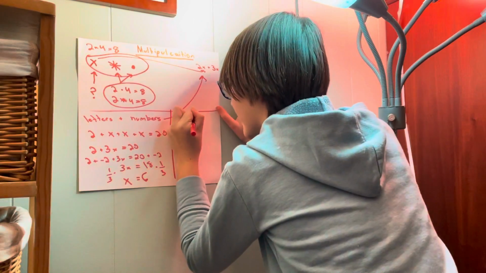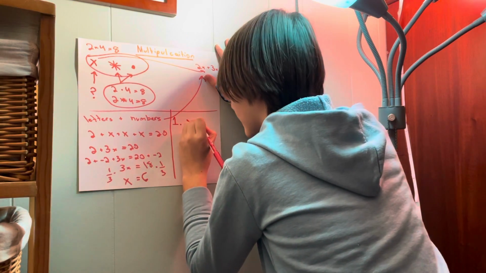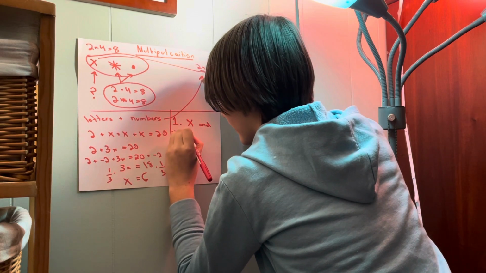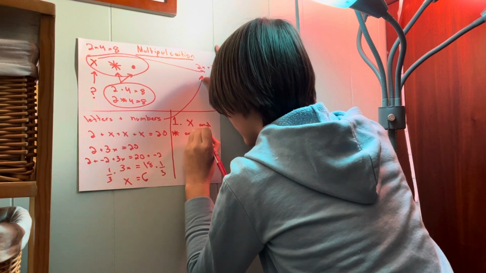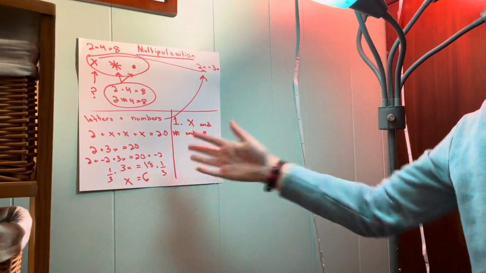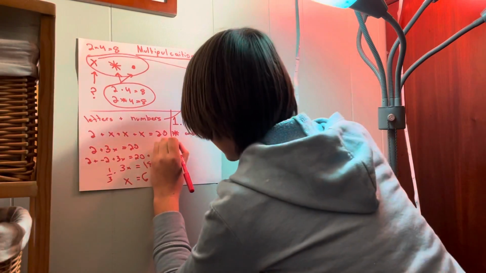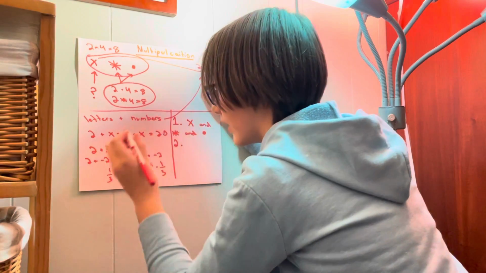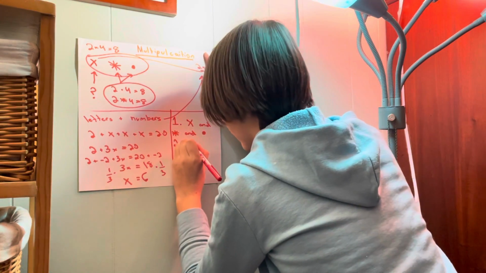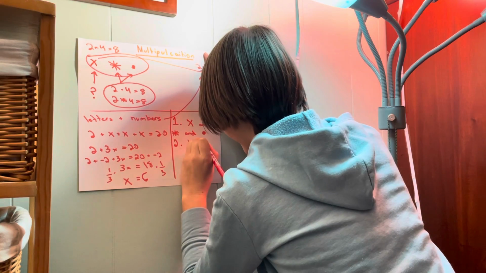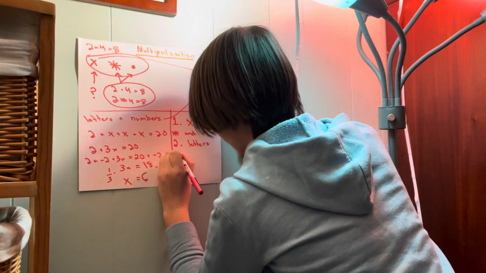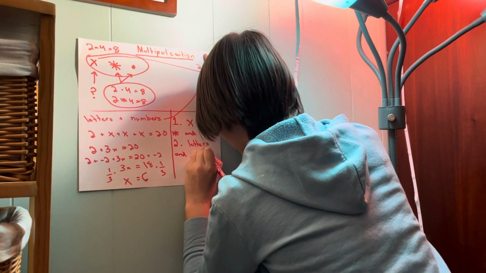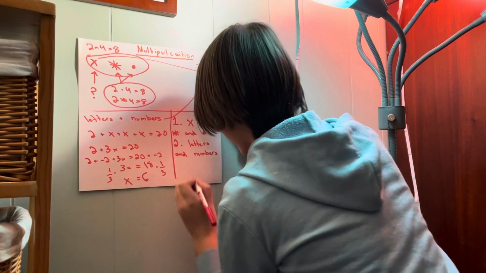So this one was the X, star, and dot. That makes no sense. And number 2 was the letters and numbers.